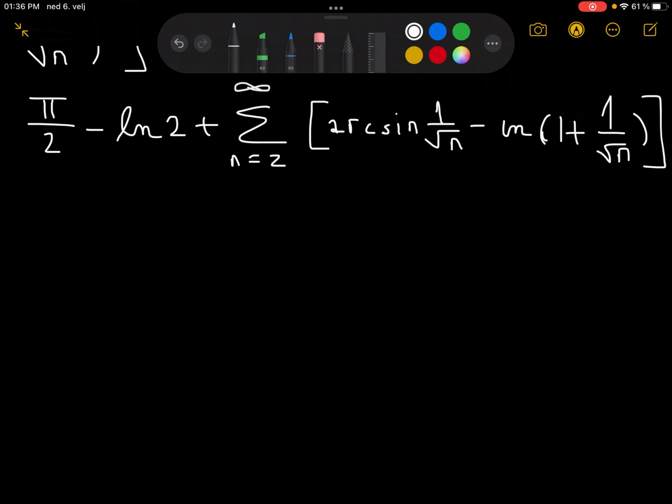Okay, so when we're investigating whether an infinite series converges or diverges, we can use some relations which are asymptotically true.